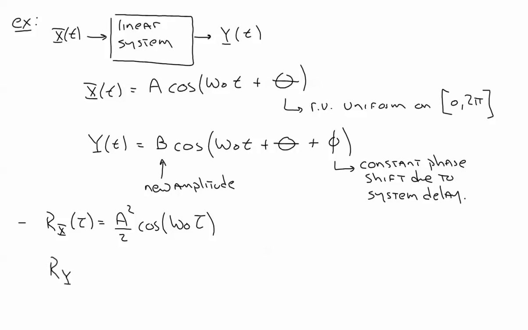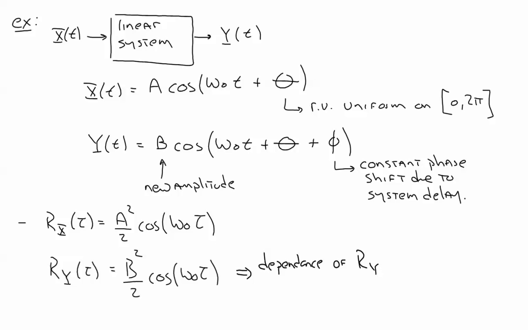Similarly, all right, the autocorrelation for Y is the exact same form as the autocorrelation for X. The amplitude changes, but the dependence of my autocorrelation on tau, my shift, is not a function of my initial phase.